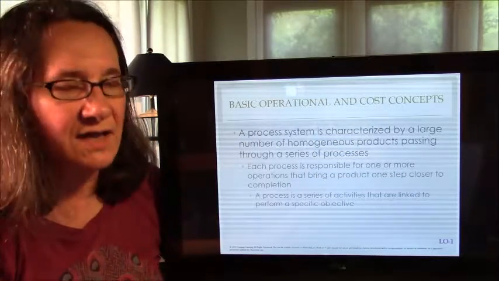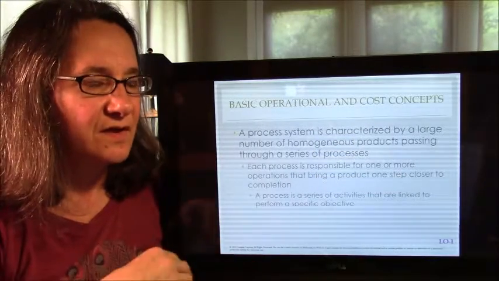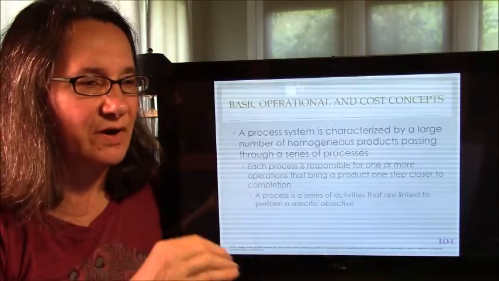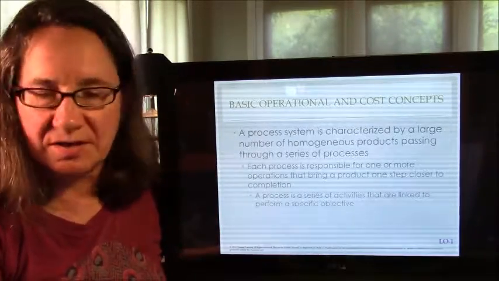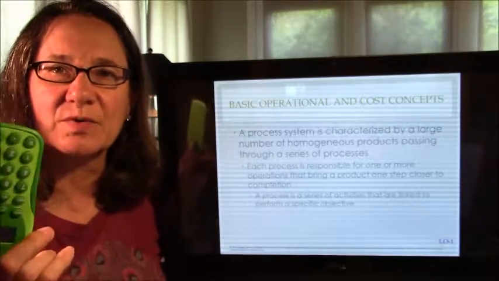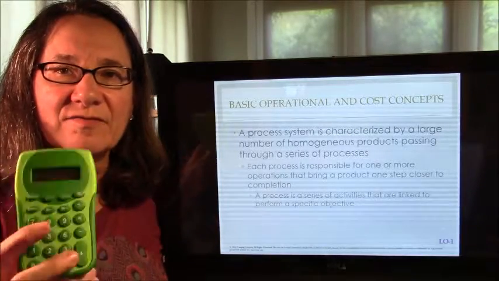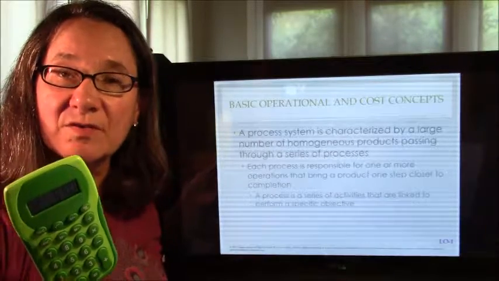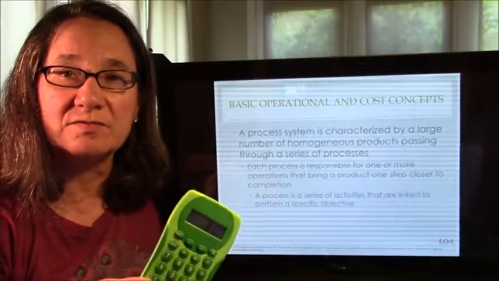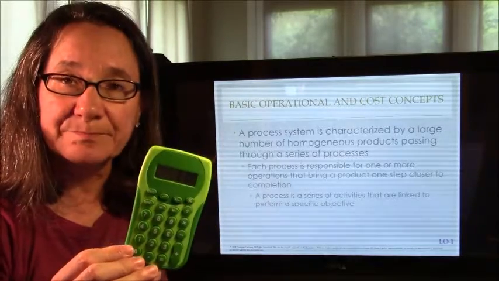So a process is a large number of homogeneous products going through a series of processes. So it's pretty easy to imagine the calculator example. You have the assembly part of the process, right, where they gather all the pieces and put them together.